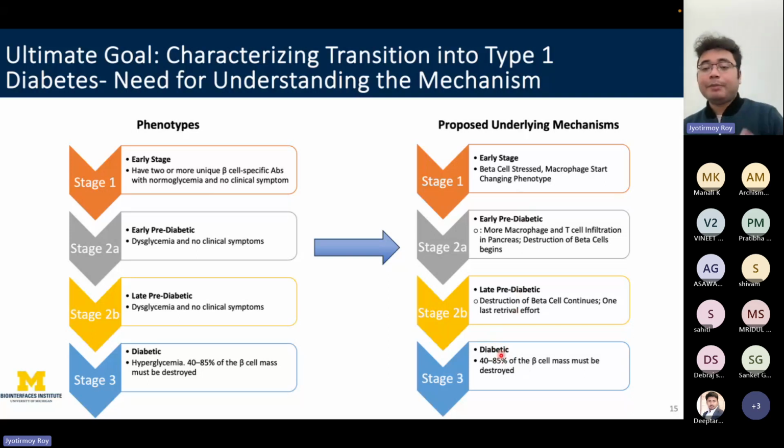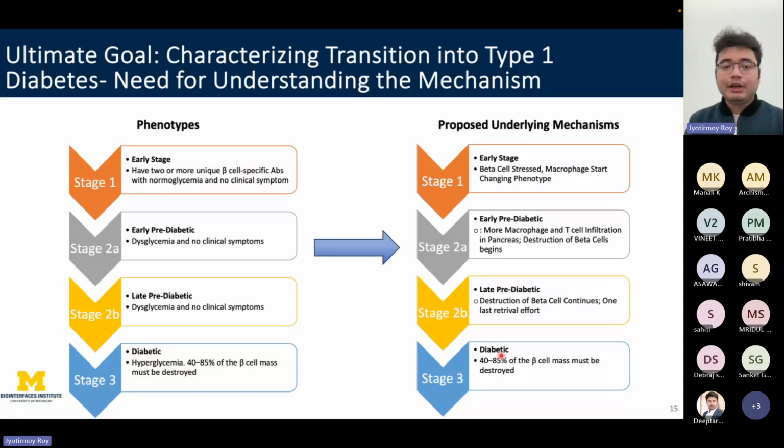So this is the big picture, where we're trying to identify the specific immunological changes which are key drivers of onset of type 1 diabetes. And for doing this, we are using scaffold-based biomaterial sensors to identify the progressor versus the non-progressor, and then going into the pancreatic microenvironment to characterize these changes.